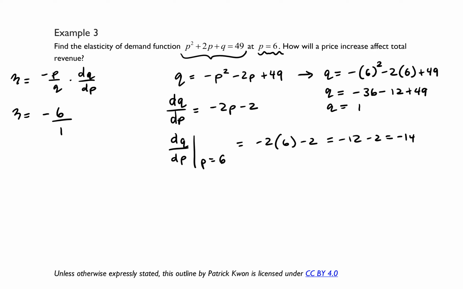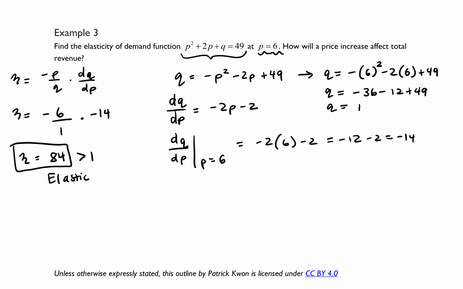So I'll have negative 6 over 1 times negative 14, and that is going to equal 84. 84 is greater than 1, so looking back at our chart, this is an elastic scenario. So I'm just going to box my answer here.